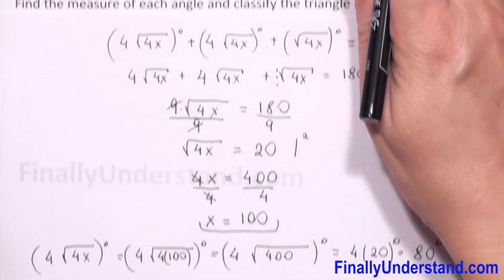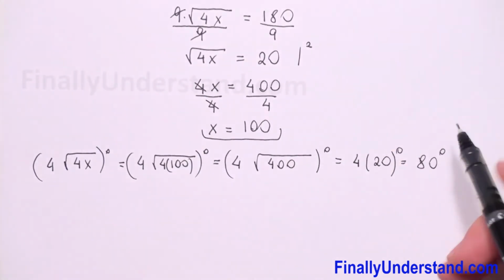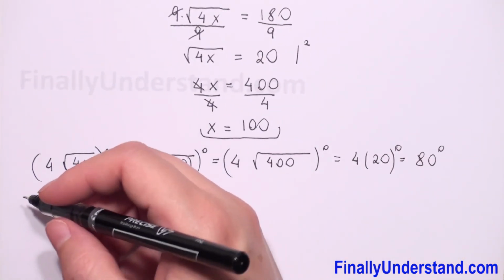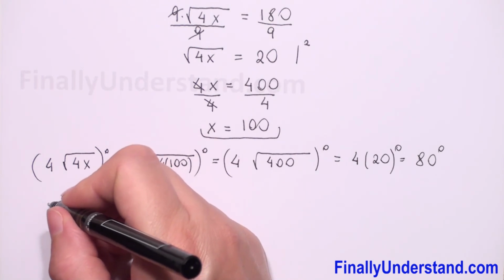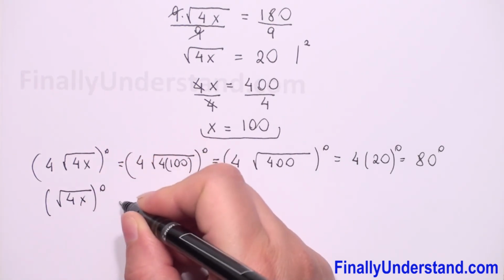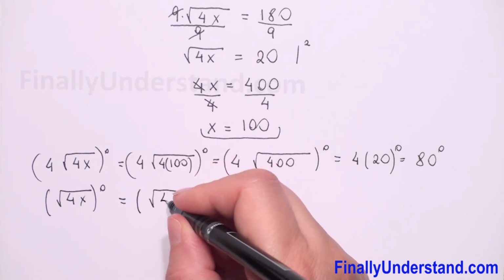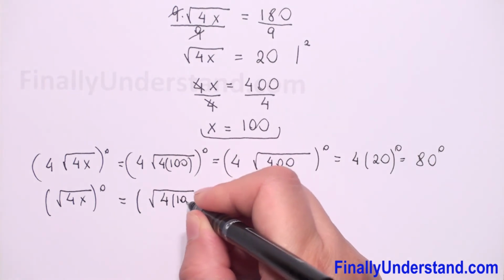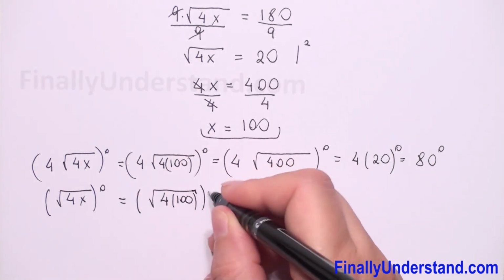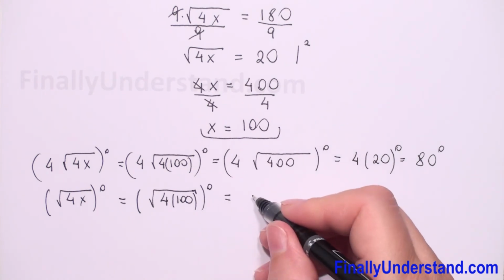The second expression is the same, so we have two angles of 80 degrees, and the third angle is square root of 4x. So we have square root of 4 times 100, because x is 100. So this is equal to square root of 400, which is 20.